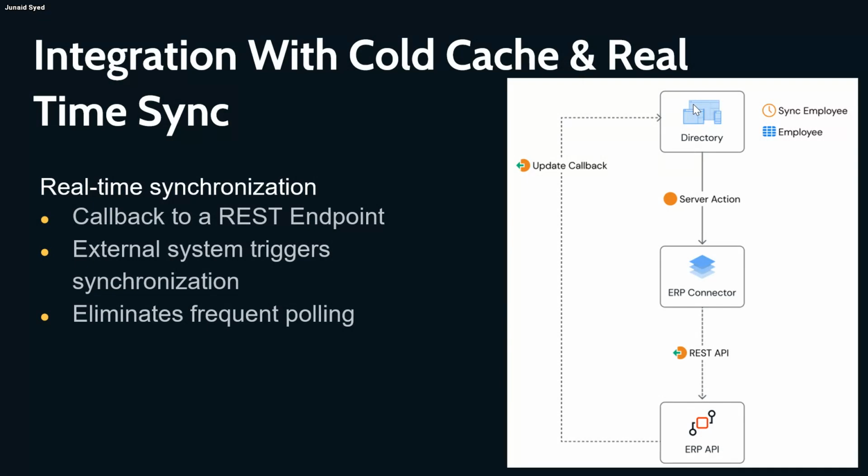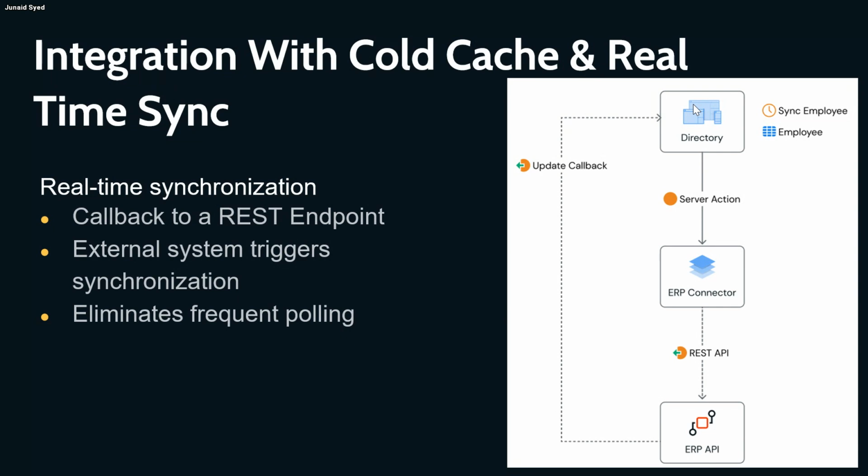To overcome that situation, in this integration strategy, whenever an update happens in the ERP system, we have exposed an API from the directory application so that the ERP system can inform us about that update. Obviously, the ERP system is not going to send me all the data. It will send me just the information about the update that has happened on any employee record in the ERP system.